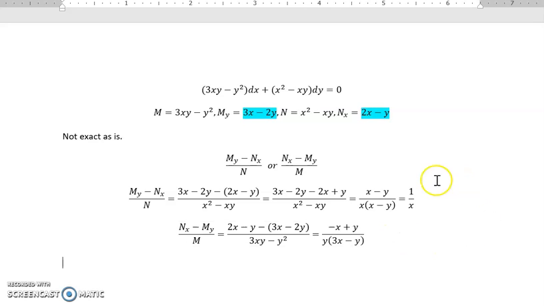And so what we're going to do is take this expression that is only in terms of x, and our integrating factor is then going to be mu, equal, just like with the linear equation, to e to the integral of our integrating factor expression here, 1 over x dx.